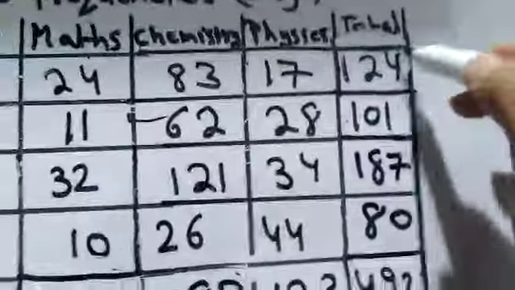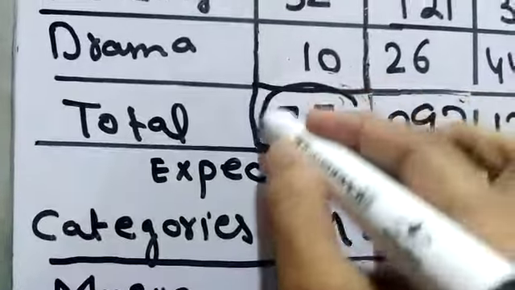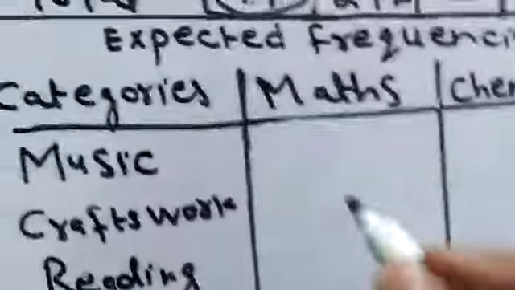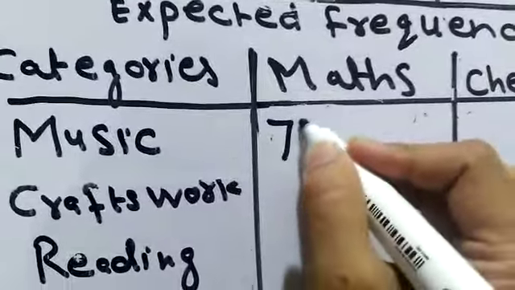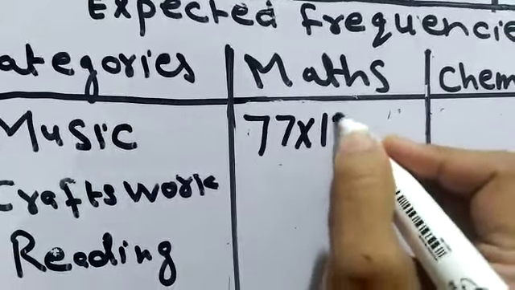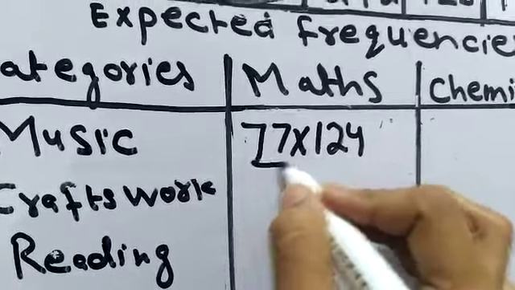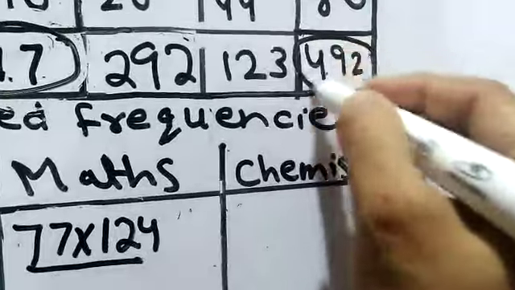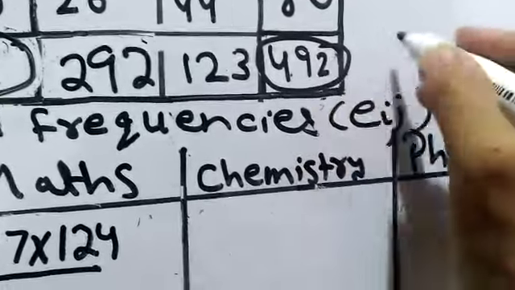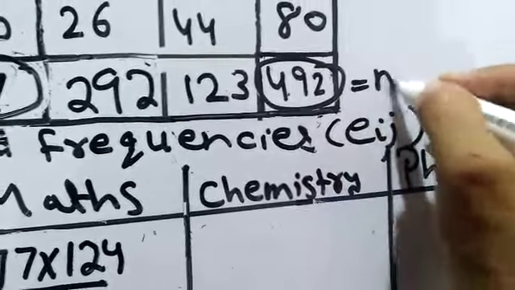How? We will use the total of music, that is 124, and the total of maths, that is 77. This means 77 multiply 124 and divided by the total number of candidates, that is 492, equivalent to n.